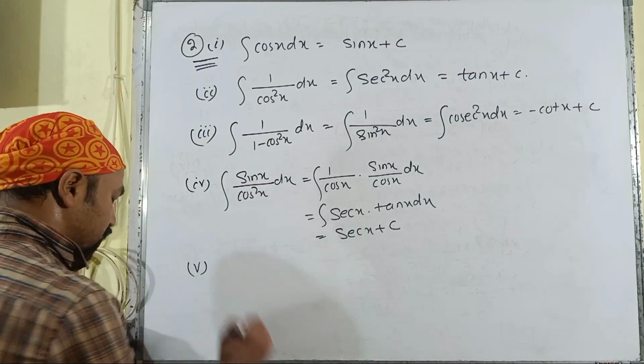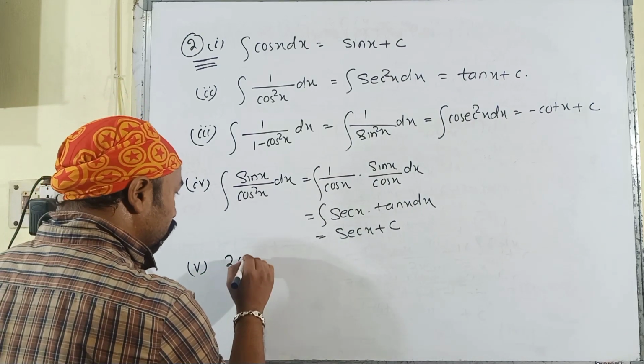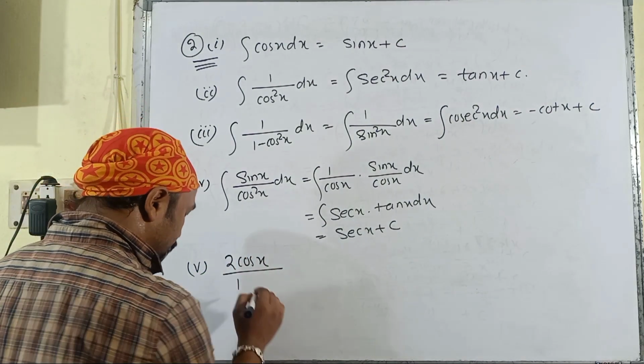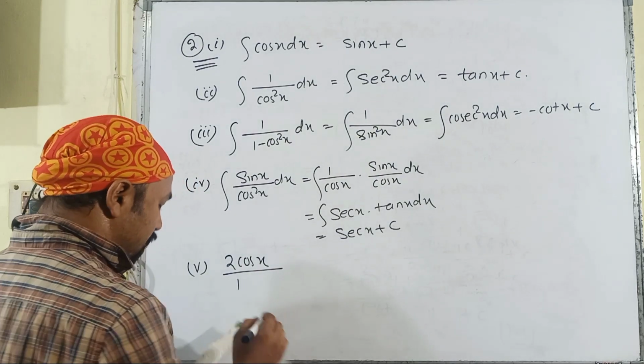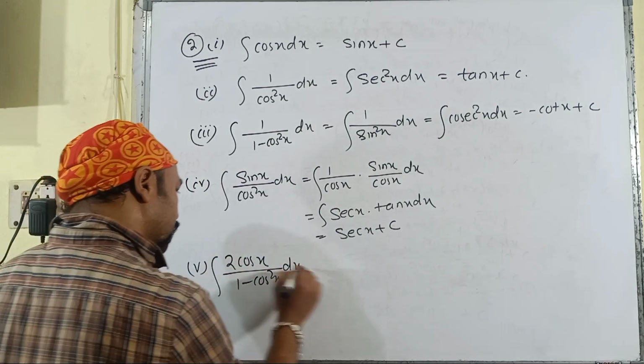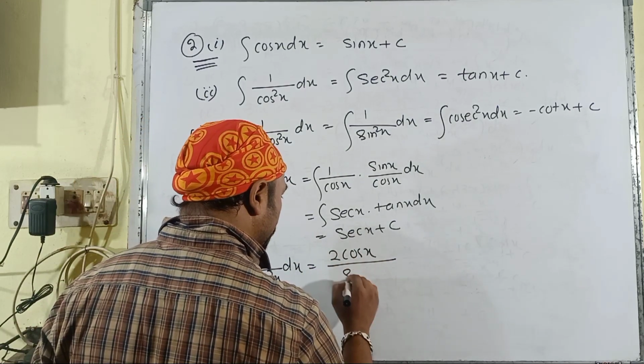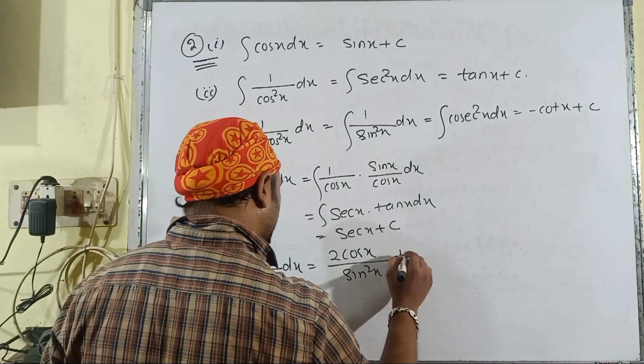Then the fifth one is here, 2 cos x divided by 1 minus cos square x. It is 2 cos x divided by sin square x dx.